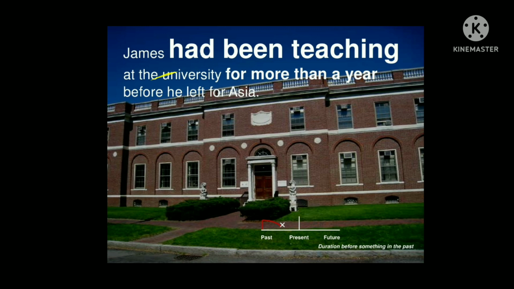Now, had been teaching means it started in the past and was done for many years, and after that it ended in the past also. The motorcycle had belonged to George for years before Tina bought it. For many years it was so, but after that Tina bought it.